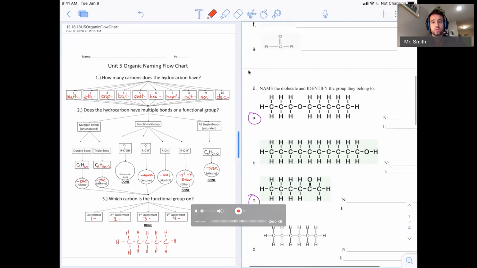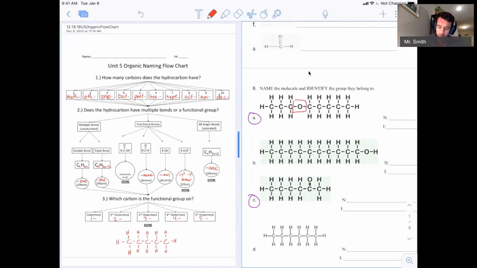6A is one of the questions that we're asking on the review. And it says, name the molecule and identify the group they belong to. On the quiz, I just asked you to name the molecule. So the key here is that we see there's an O bonded to 2 carbon chains.